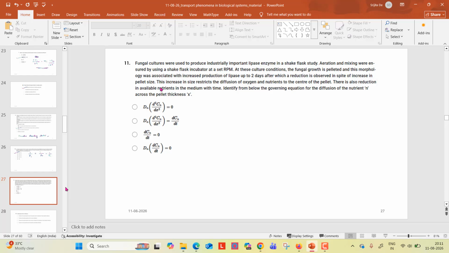This increase in size restricts the diffusion of oxygen and nutrients to the center of the pellet. There is also reduction in available nutrients in the medium with time. Identify from below the governing equation for the diffusion of the nutrient N across the pellet thickness X.